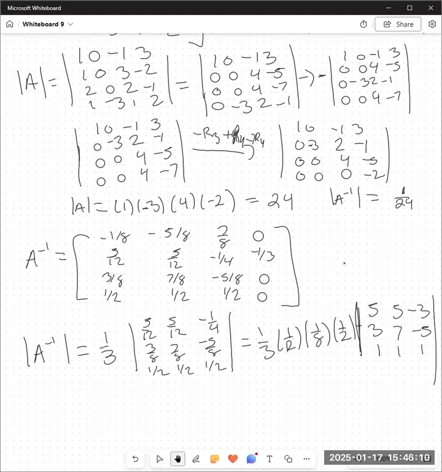I'm going to expand on that row of 1s after I do that. That gives me 1 over 36 times 16. That is 216, and 36 is 576.